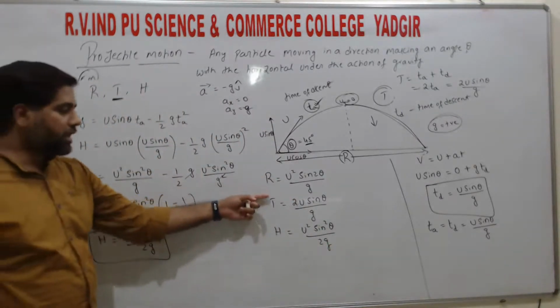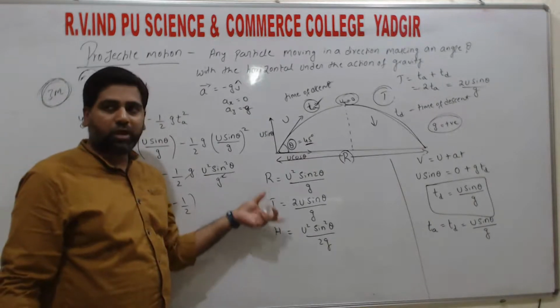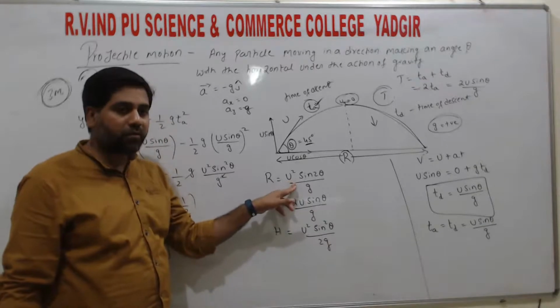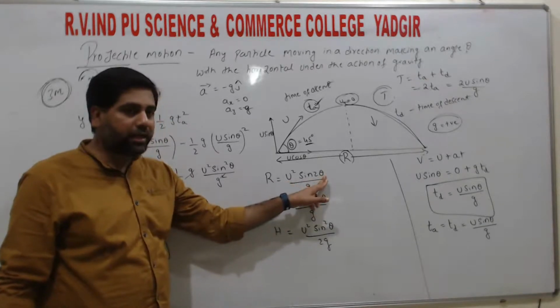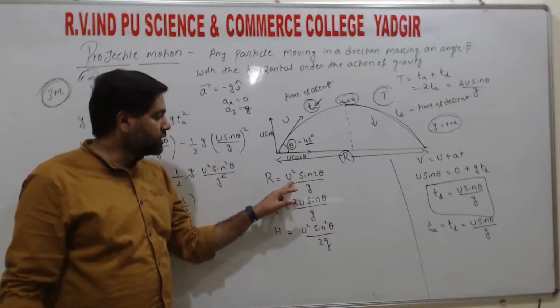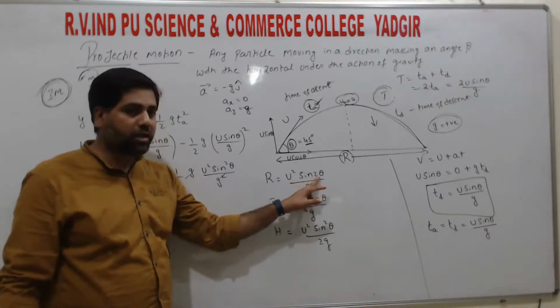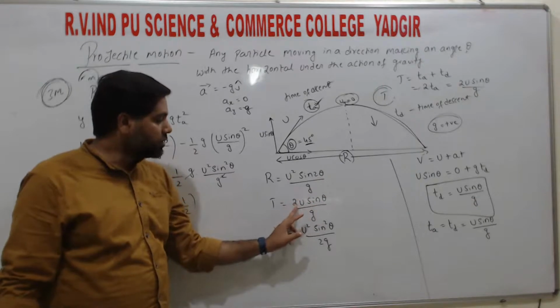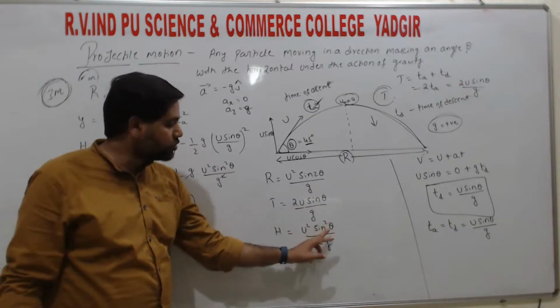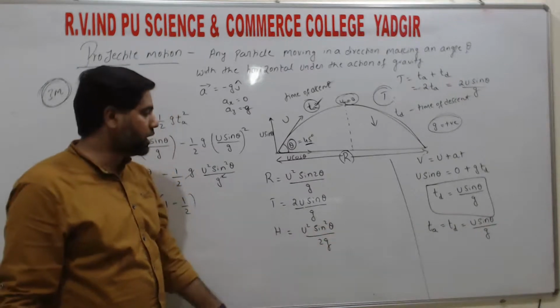So all three equations look similar. The variables are the same in all of them, not many: velocity, angle theta, g, and 2. In the first case we have u square, sin 2 theta, g. In the second case, 2u sin theta by g. In the third case, u square sin square theta by 2g, right?